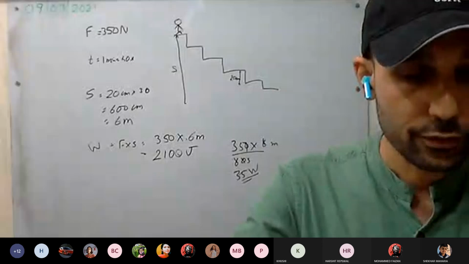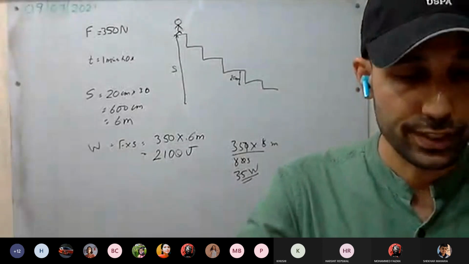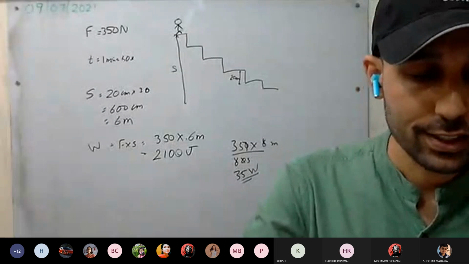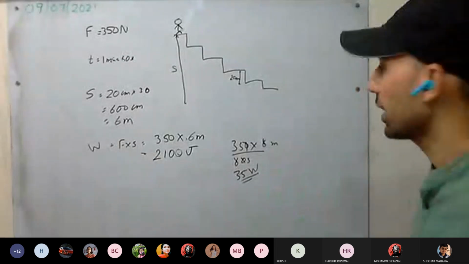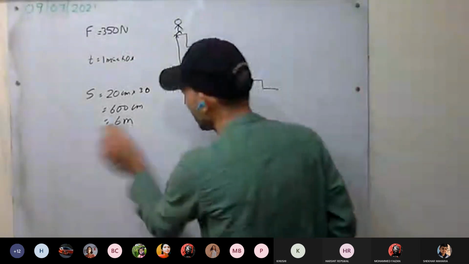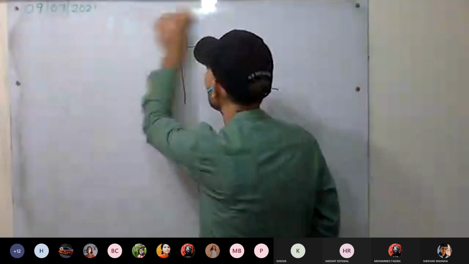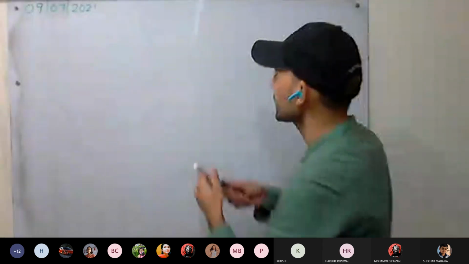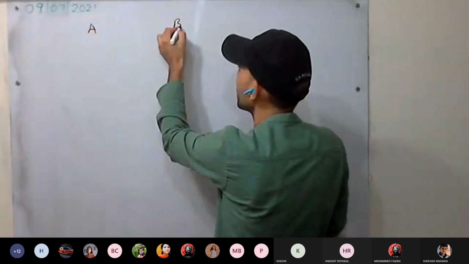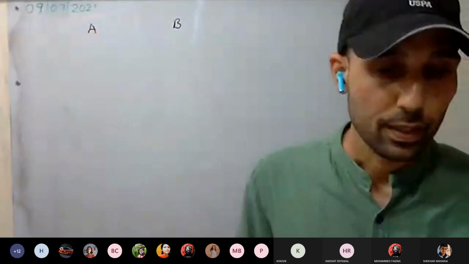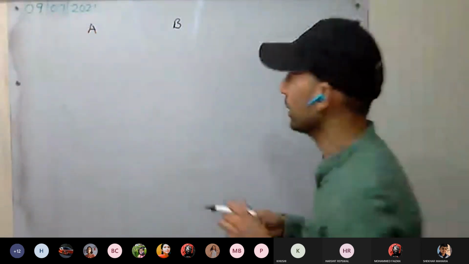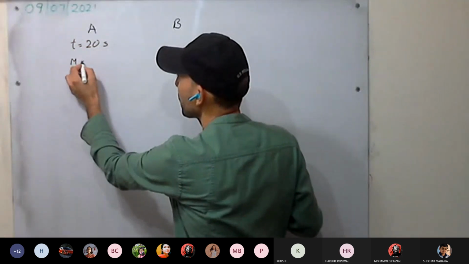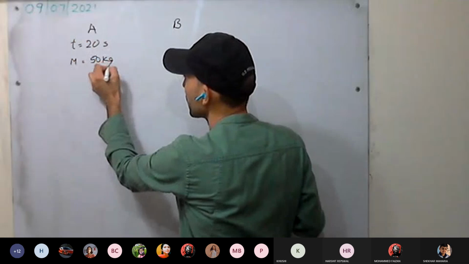Okay, 13th will be a bit slow. It takes 20 seconds for a person A of mass 50 kg to climb up the stairs, while another person B of the same mass does the same in 15 seconds. So we have person A and person B. Time taken by person A is 20 seconds, and the mass is 50 kg.